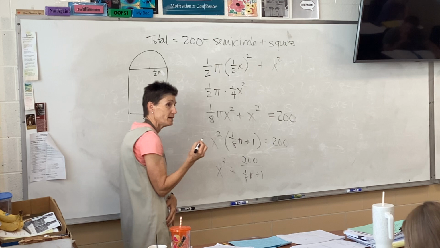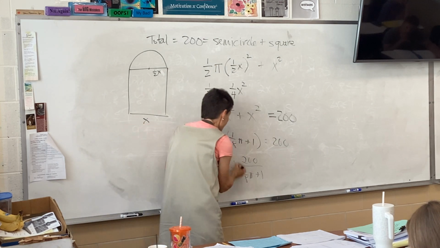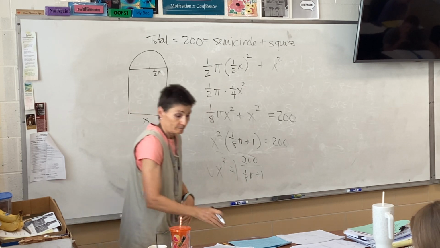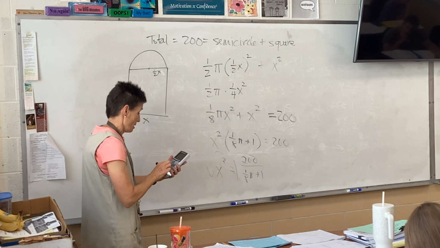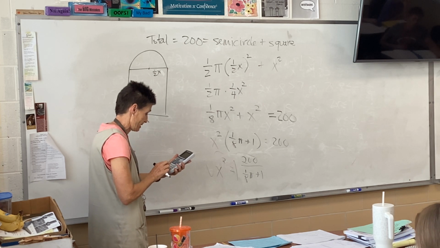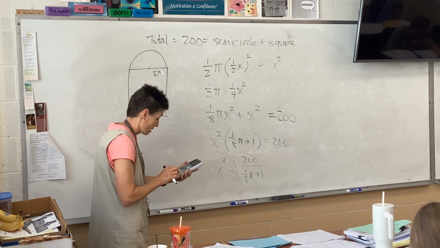Are you keeping up with me? And then I could simply square root. So 200 divided by parentheses, 1/8 pi plus 1.